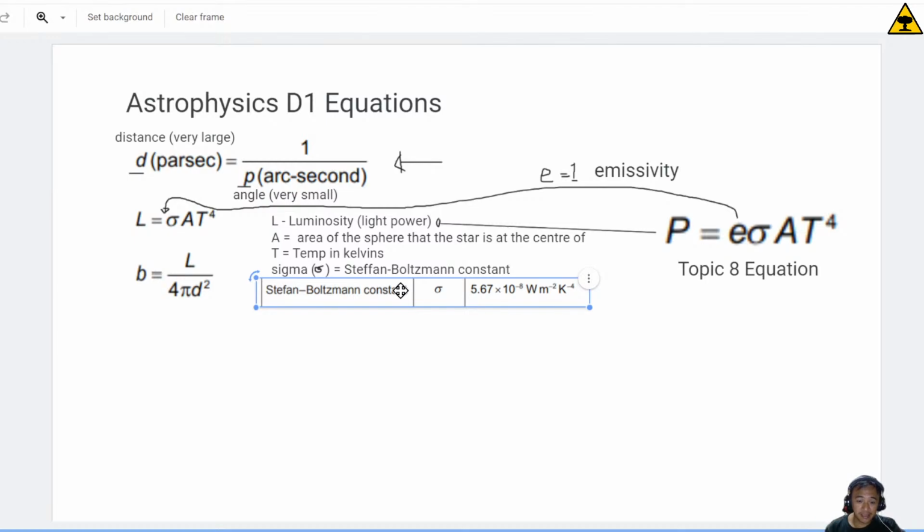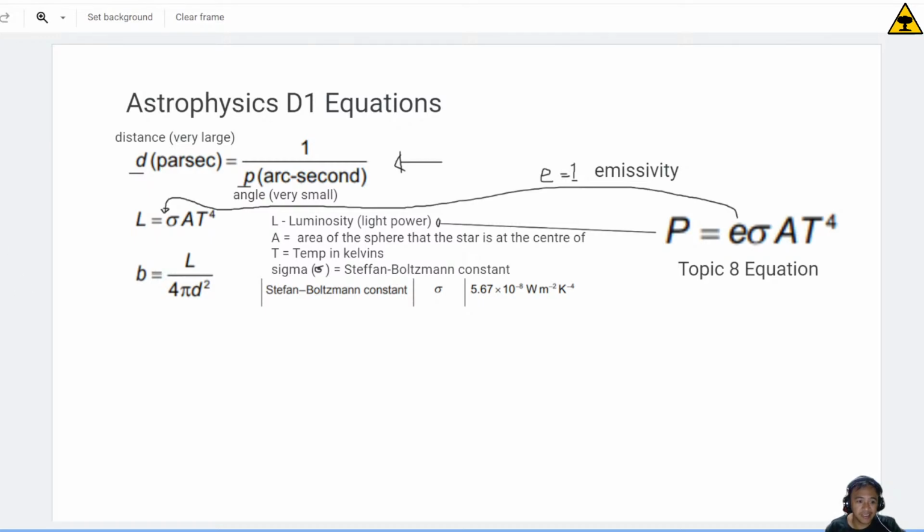Now, what does luminosity basically mean? This is the amount of radiant power that the star emits, and that kind of depends on how far the star is from us, and how bright the star actually is. And how bright the star is depends on its temperature.